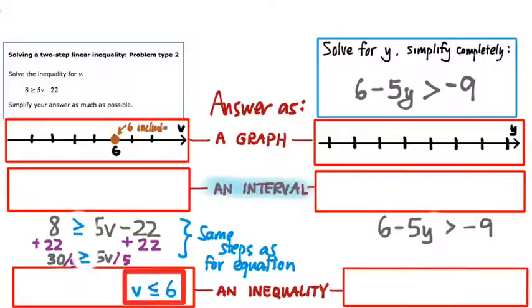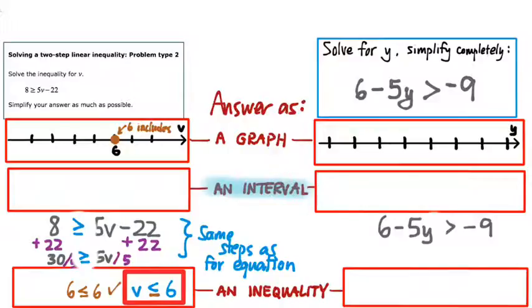In other words, if we try to put in a 6 for v down here at the bottom of this statement, we get a true statement. 6 is, in fact, less than or equal to 6. So it's that or equal to piece that convinces us that 6 needs to have a solid dot on top of it. It's what we call a closed interval that we come up with for a solution. So we have a solid dot at 6.